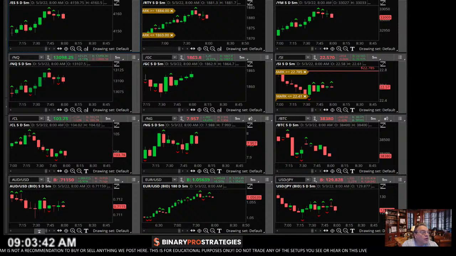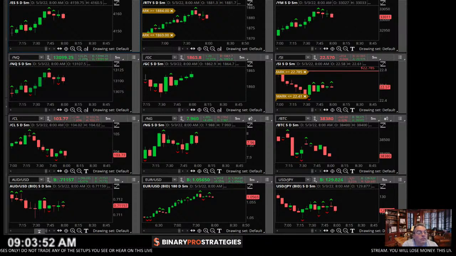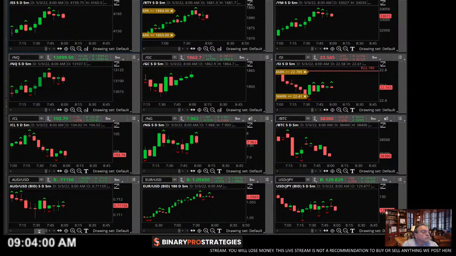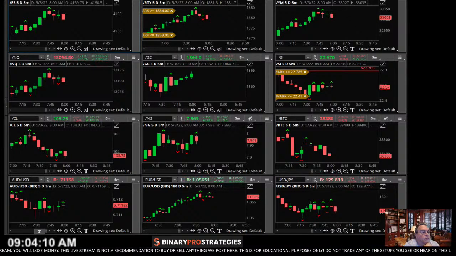Also getting a short now on natural gas. Now this is going to be a pretty tight stop here. We are above entry, so short on natural gas.